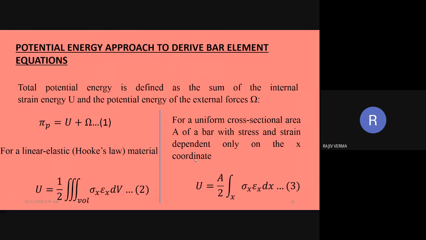Correspondingly, the volume integral reduces to an area integral, so we have terms such as area appearing in expression number 3, and the integral reduces from a volume integral to a one-dimensional integral.